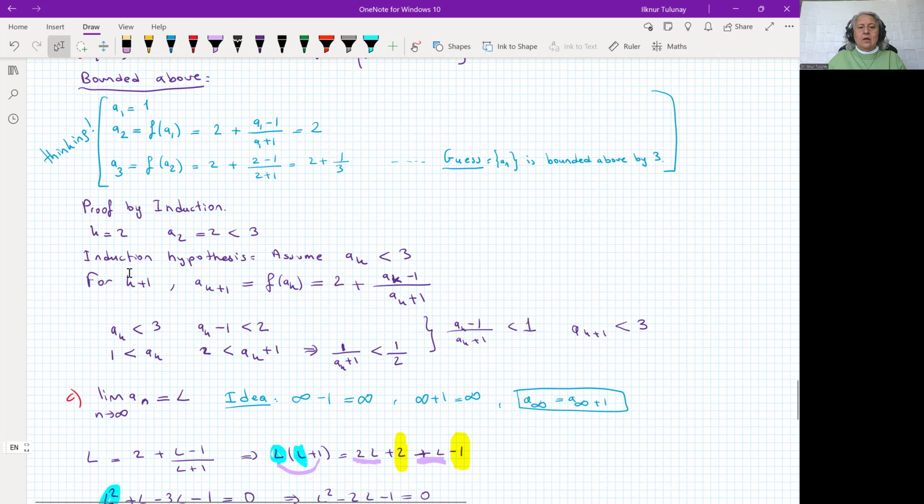That works. So for the induction hypothesis, we assume that a_k is smaller than 3. This is our assumption, the k state. We would like to prove that the k plus 1 state will be correct by using the k state.